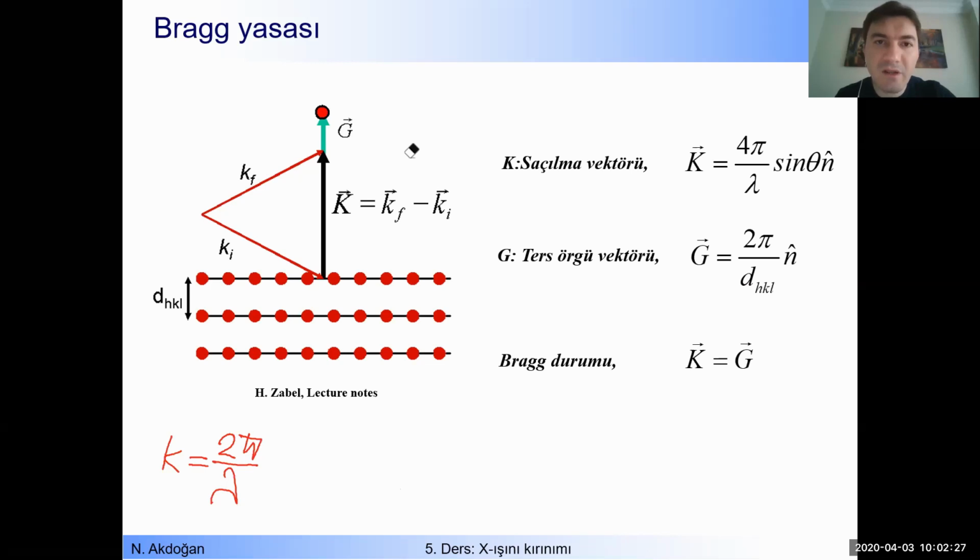But what about its component along that direction? This has this component and also this component. Let's consider that this is the angle theta. Okay, so this component perpendicular to the crystal surface, let's say, is given by 2 pi over lambda sine theta, okay, this perpendicular component.